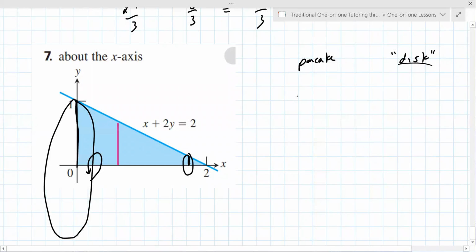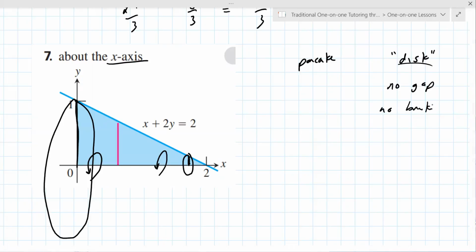So the disk method is when there is no gap or no break between the axis that you're revolving around. So I like to actually show which axis I'm revolving around to make it really clear. But if there's no gap, that's a disk problem. So no gap or no break. Because a lot of times you've been shown a couple of methods, and you ask, which one do I use?